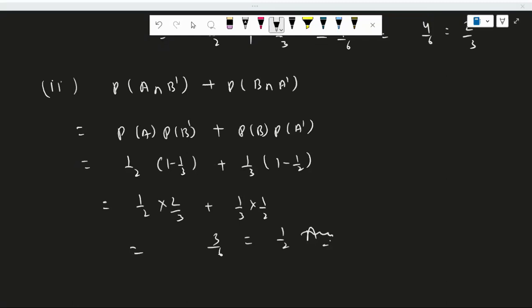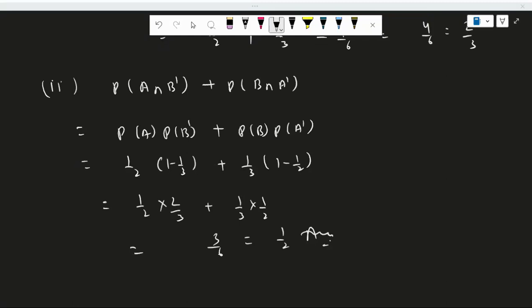In question 15, one card is drawn at random from a well-shuffled pack of 52 cards. In which of the following cases are the events E and F independent? The card drawn is a spade. How many spades are there? 13, so 13 over 52.